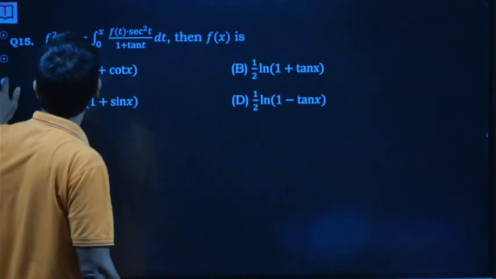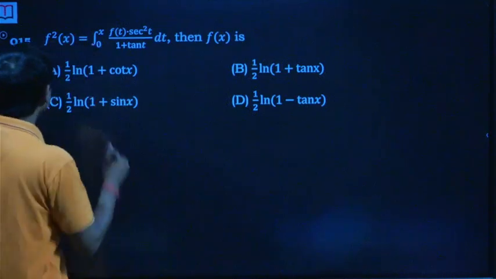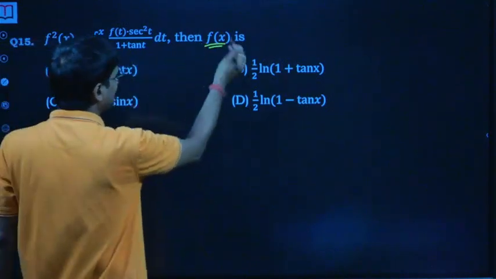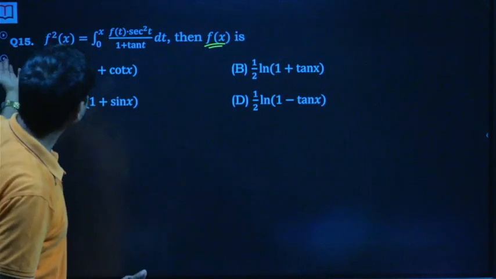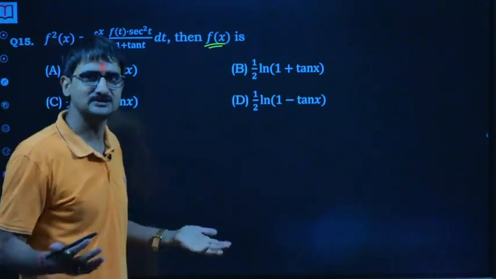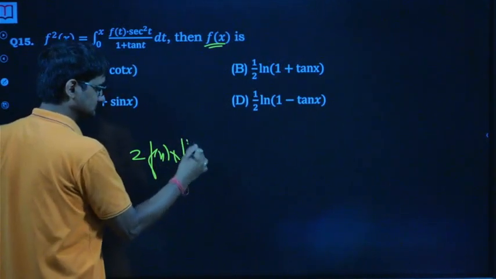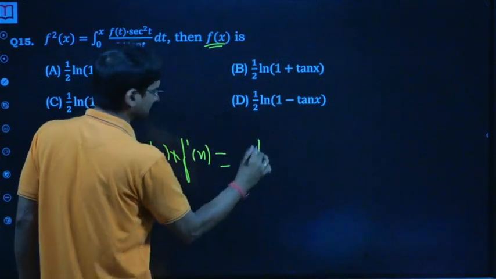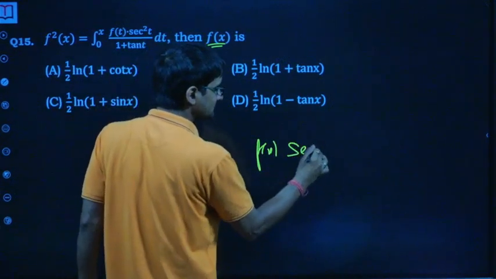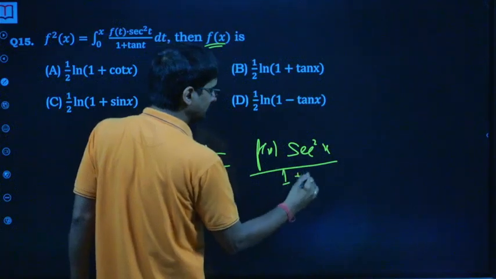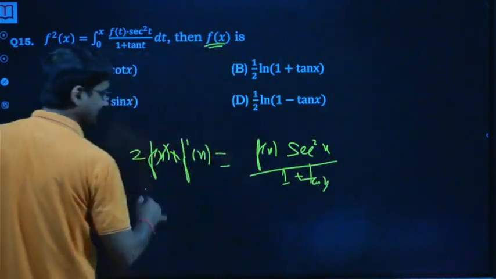So moving to this last question here, this is f squared x, f of x, we need f of x. So what you need to do is, of course, we don't have a choice, differentiating both the sides with respect to x. So 2 times f(x) f'(x) is equal to f(x) sec^2 x upon 1 plus tan x, and that's it. f(x) gone.